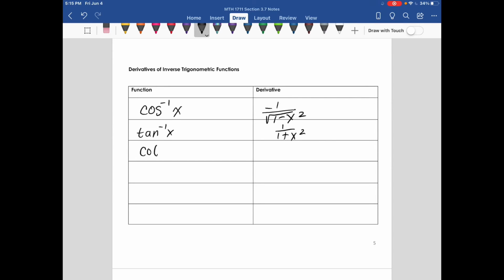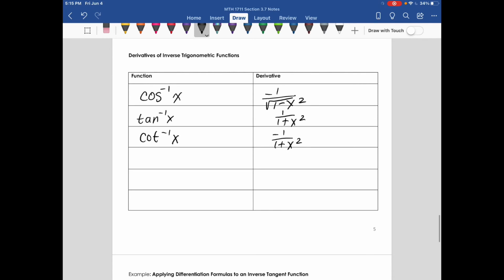I would find that the inverse tangent function has the derivative of 1 over 1 plus x squared. I would find that the inverse cotangent function has the derivative negative 1 over 1 plus x squared.